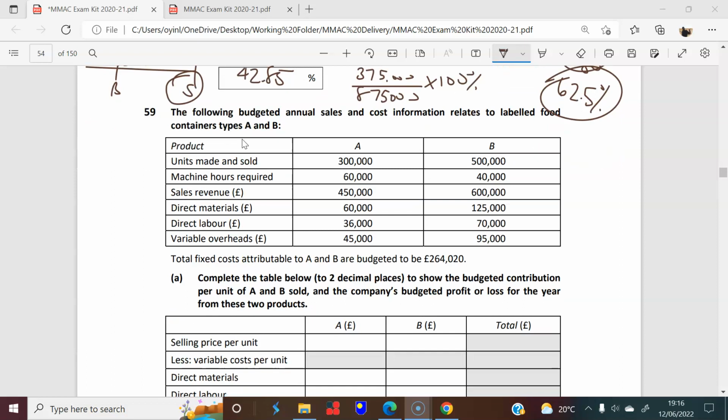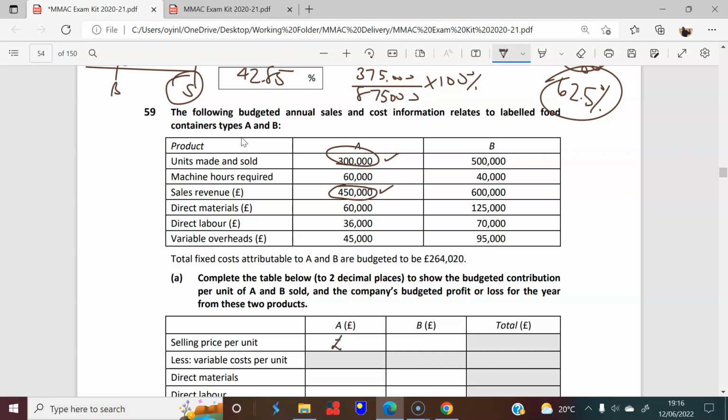Let's look at product A, selling price per unit. So we have the sales revenue given to us here, and these are the units that are made and sold. So we can find the selling price per unit by literally dividing this revenue by this, can't we? So in the beginning, you have 450,000 divided by the 300,000, which is £1.50.